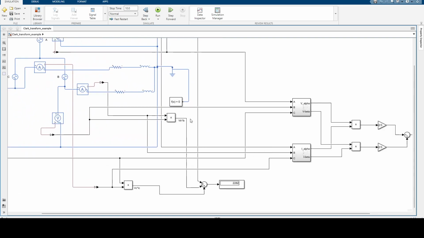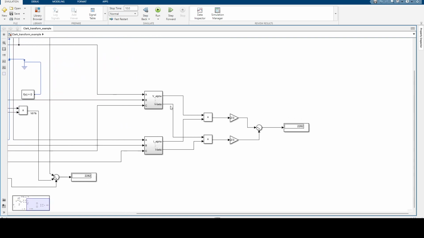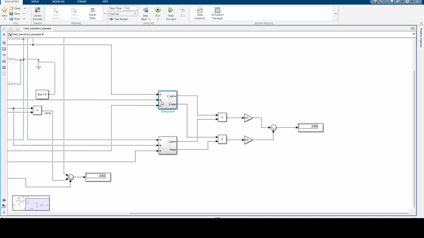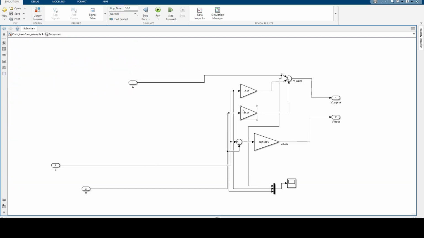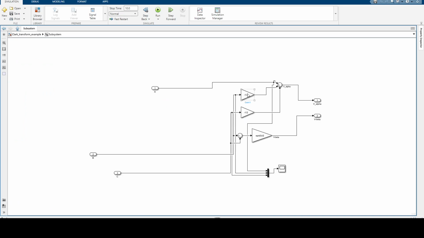Now we are going to do the same for our alpha beta components. We know that our alpha beta is just going to be our transformation matrix that has our 1/2 and 1/2 and our square root 3. So we have A plus 1/2 B plus 1/2 C, and this is going to give us our alpha, and then square root 3 times B minus C, and that's going to give us our beta.